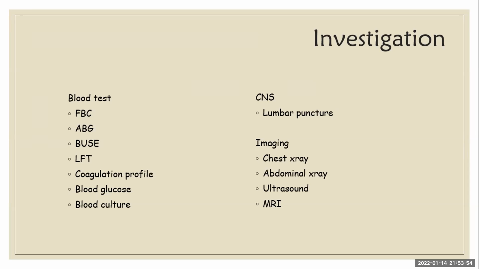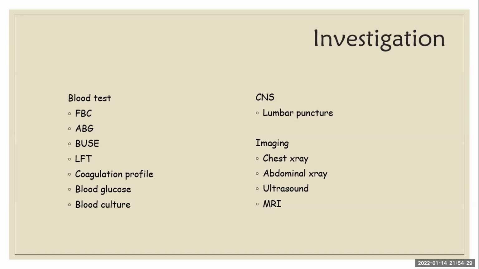Some tests that we can do are blood tests, such as FBC, in order to elicit whether there is an infection and whether the infant has anemia or not. And for ABG, such as when we suspect there is hypoxic ischemic encephalopathy, we can do the ABG in order to know whether there is presence of metabolic acidosis.